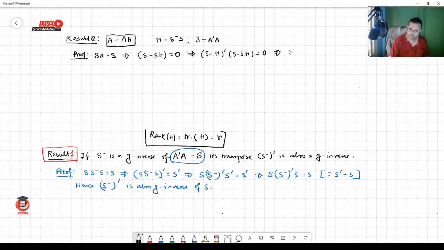So (I minus H) S, S means A prime A, then A minus AH, whole prime, equal to 0.